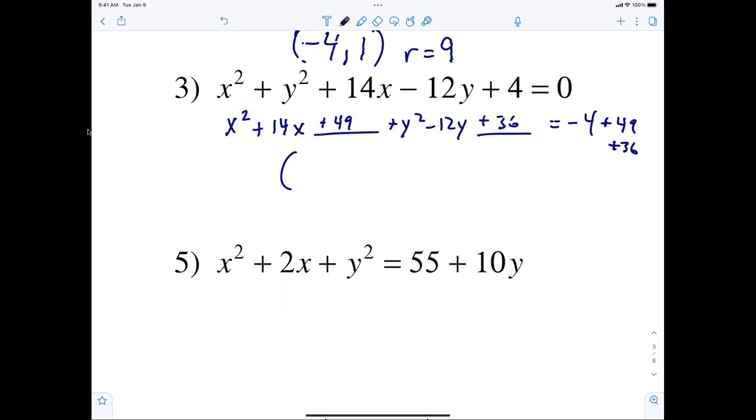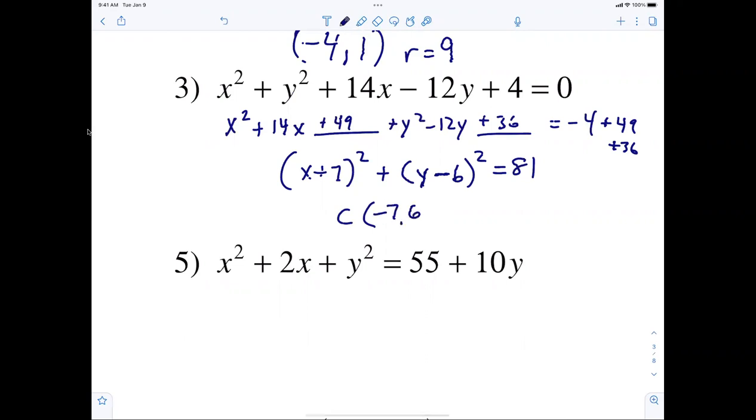What's the half? (x plus 7) squared plus (y minus 6) squared equals, what is that? 81. So my center is, help me, center, (-7, 6), and my radius is 9. Everybody happy with that?